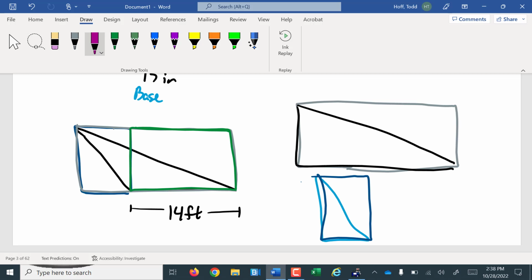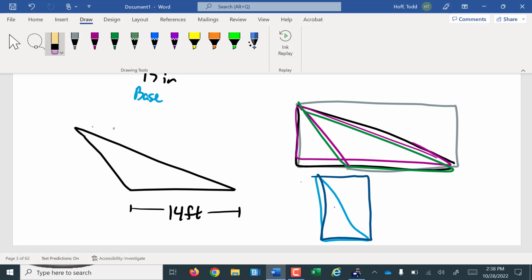I want to show that that green rectangle is actually the related rectangle for this black triangle. And the way that we do that is this black triangle minus this light blue one gives us that original triangle that we have in there. So that green rectangle here is the related rectangle.